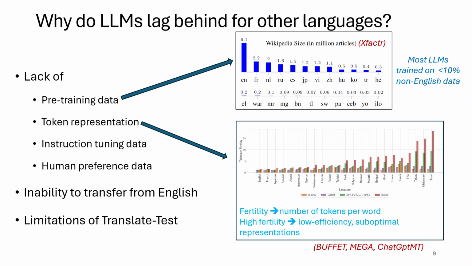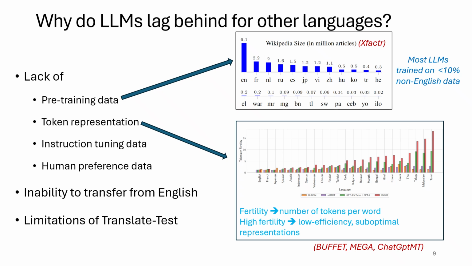Then, because English is given primacy, the tokenizer design also reflects that. So most of the token space is assigned to English tokens. You can measure this representation by using a metric called fertility. Fertility means the number of tokens per word. The lower the fertility, the better it is, because then you can efficiently encode the tokens in a language.